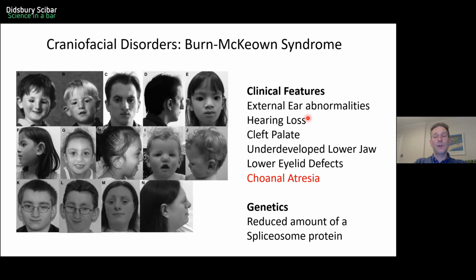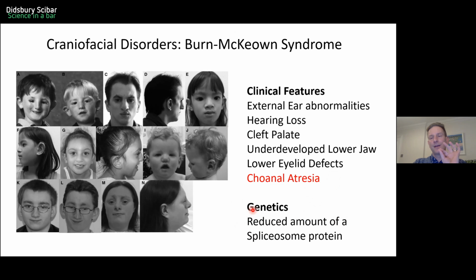They may have some hearing loss, cleft palates, an underdeveloped jaw, so a jaw that's gone in a bit, and lower eyelid defects or no lower eyelids at all. They also have something called choanal atresia, which I'll get onto in a minute, and that's quite serious.